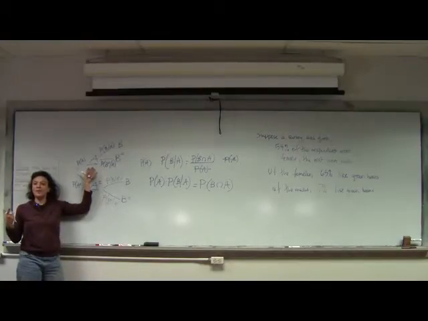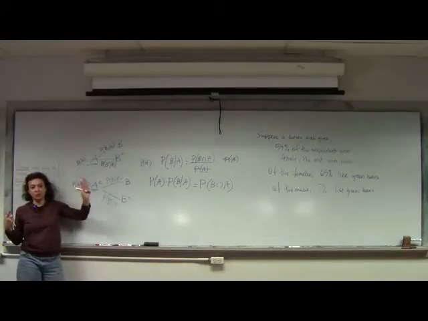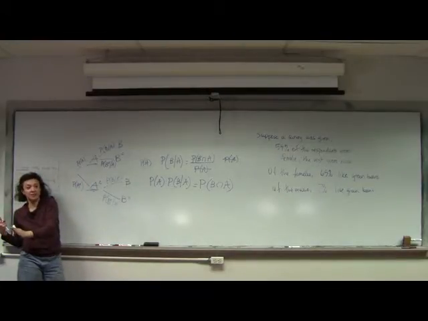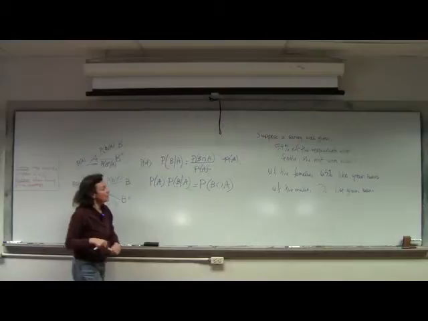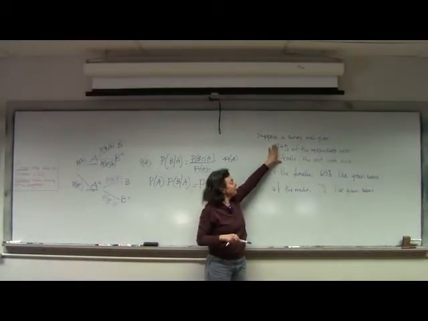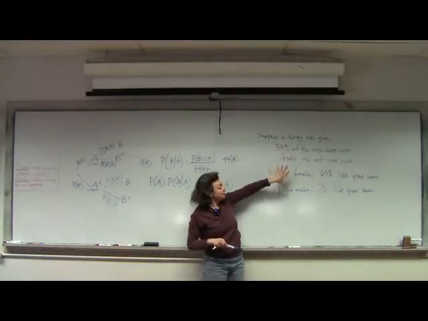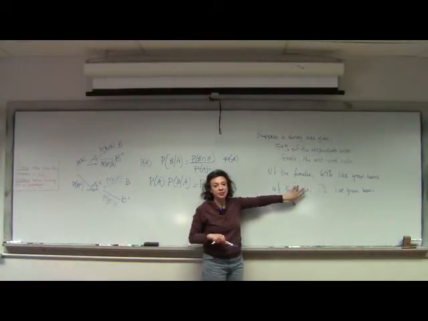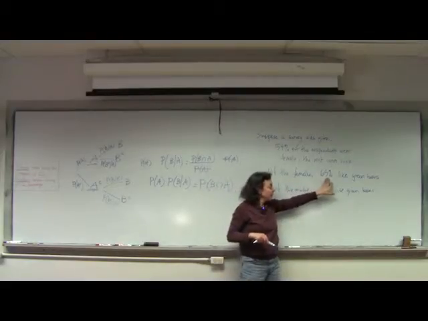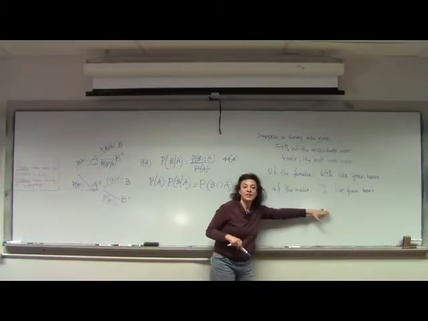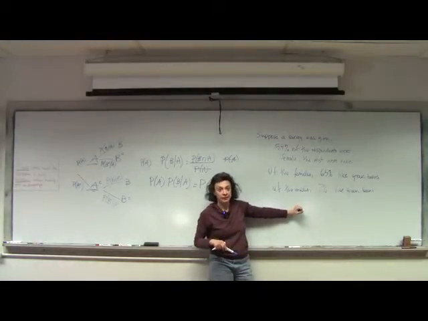The point that I'm trying to make is when you're drawing a tree, you need to figure out what is your first branch and then what is your next branch. So I claim over here that my first branch is going to be whether or not people were male or female. My second branch is going to be about their taste of green beans, because notice the percentage depends upon whether these people were male or female.